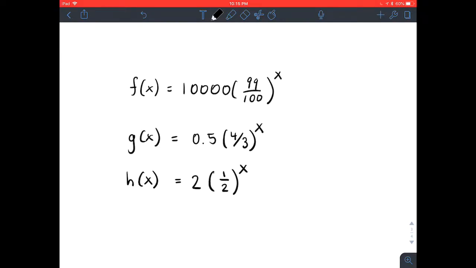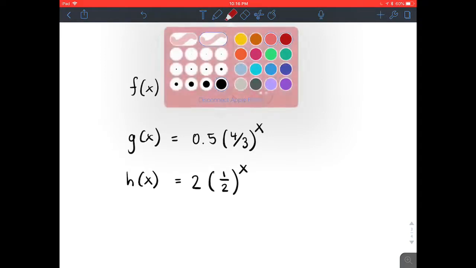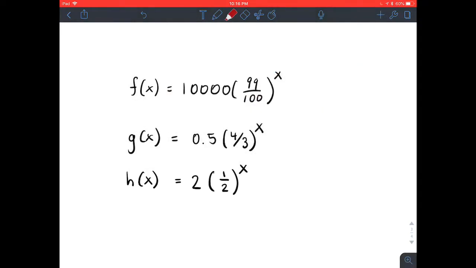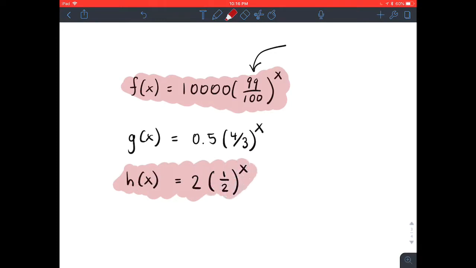So first of all, it's very important to notice that some of these represent decay and some of them represent growth. So this one represents decay because our base is a number less than 1. 99 over 100 is less than 1, so this represents decay. Likewise, for h of x, our base is 1/2. So the number that is being raised to the exponent is what matters here.